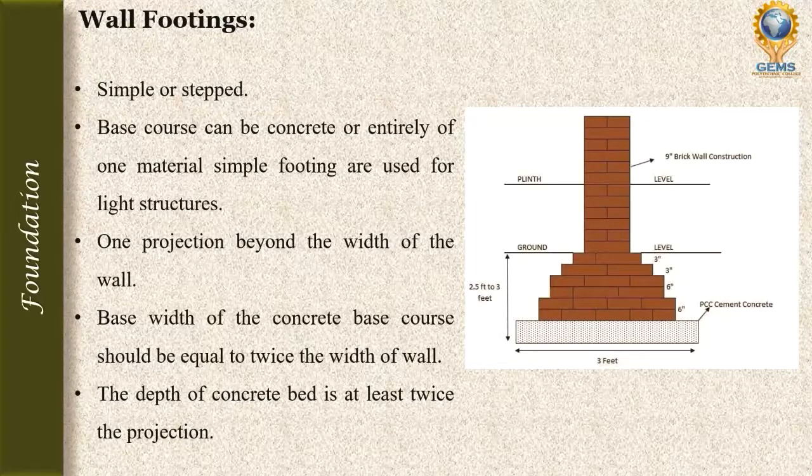These will have only one projection beyond the width of the wall. The base width of the concrete course should be equal to twice the width of the wall, and the depth of the concrete base is at least twice the projection. So these are the wall footings.